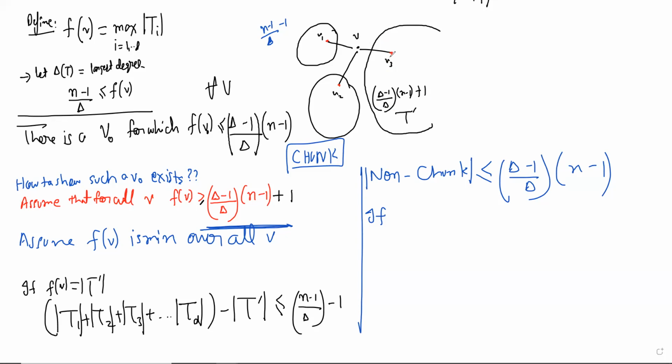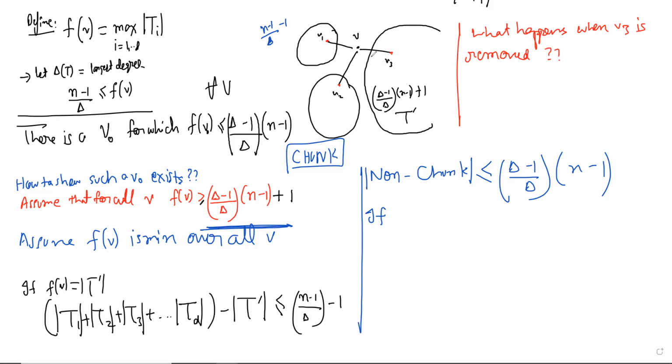Now we are trying to investigate f of V3, and we'll try to show that it reduces further, and that will be a contradiction. So the question is what happens when V3 is removed.